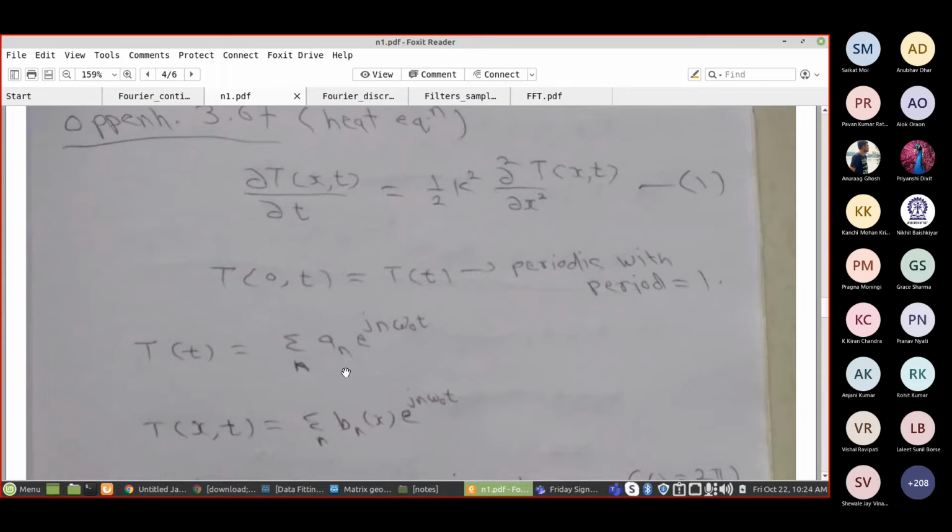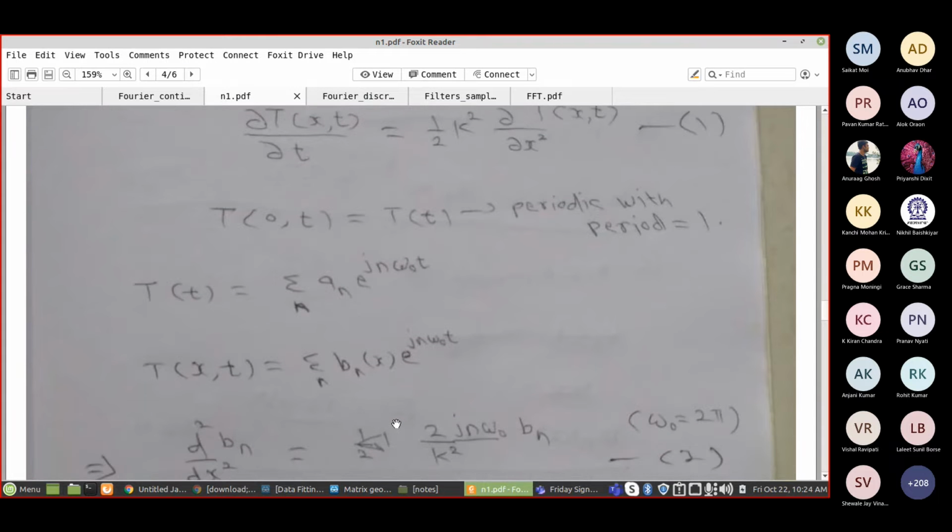So two checks we need to do. First of all, this form of T actually satisfies this PDE, and it also satisfies this initial condition. If we can satisfy those two properties, then this guess is correct.